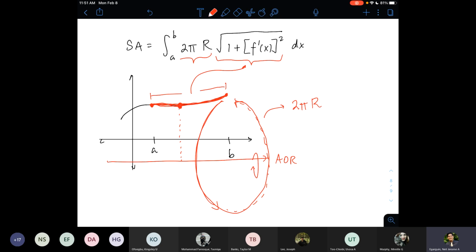This would be r. r is the distance from the arc to the axis of revolution. So it will just be top minus bottom. Usually you will have f of x over here, and say this is y equals c. So the radius r would be the top, f of x, minus the bottom, which is c. So you need to compute how long the arc is from the axis of revolution. Okay.